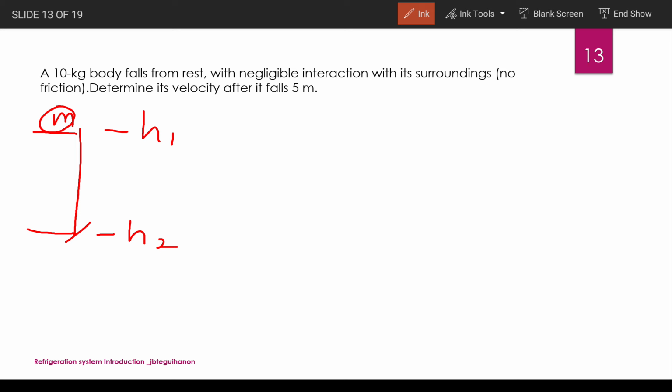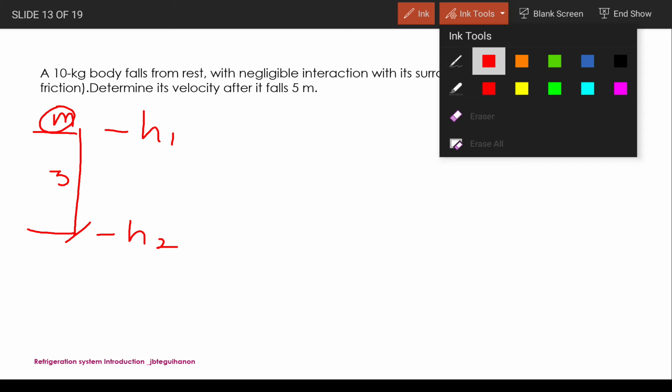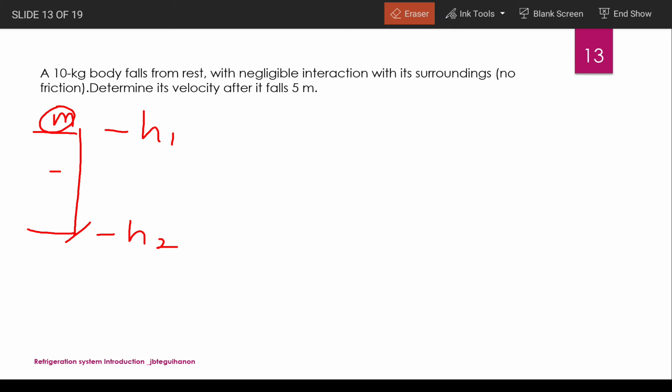So with this you have, of course, the potential energy, right? So this one is 5 meters. Sorry, this is 5. I'm going to erase it. This is 5 meters. Okay, bear with me. That's my 5.